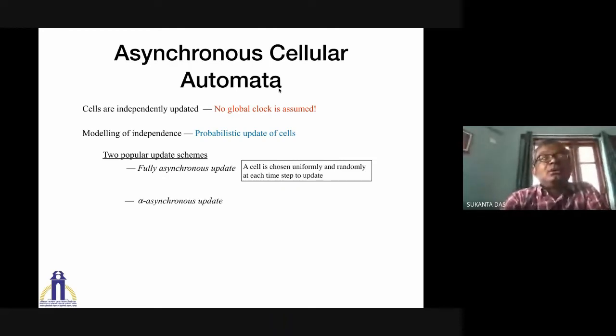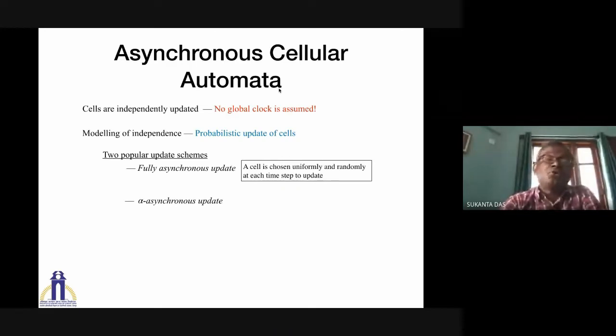It may appear that the cells are updated serially, one by one, one cell at a time. That's correct, but which cell is to be updated is decided randomly, uniformly and randomly.